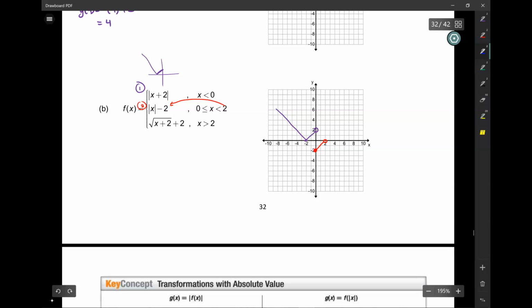So when x is 2, what's the y value? 4. 1, 2, 3, 4, open circle. And then what else can I plug in here? 7, and I get 5. Right? Like that. Okay?